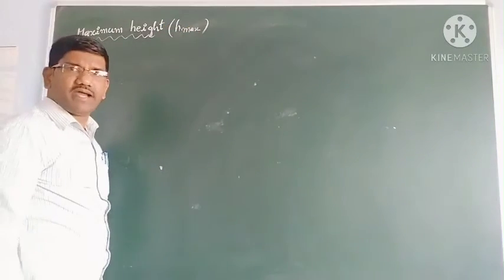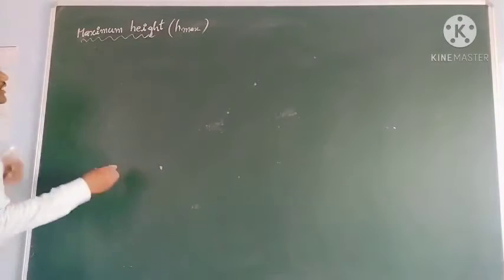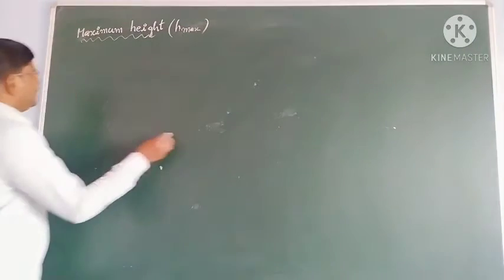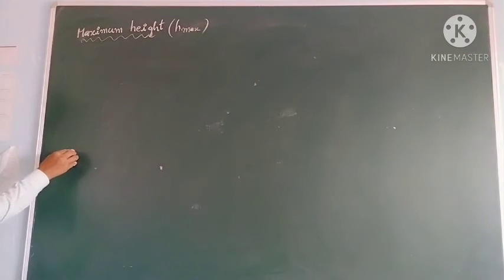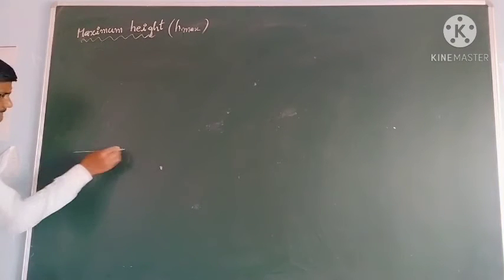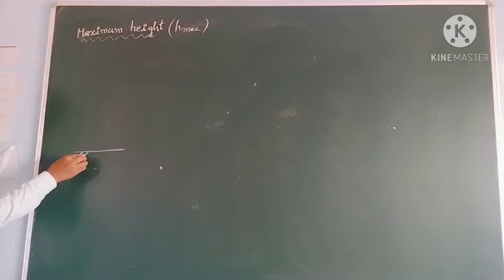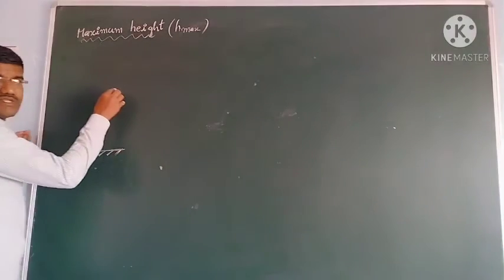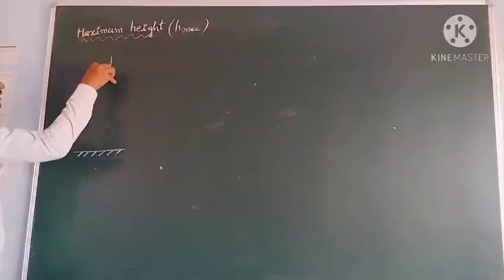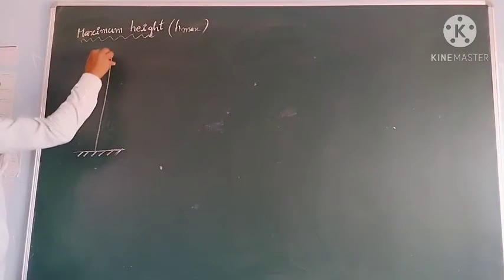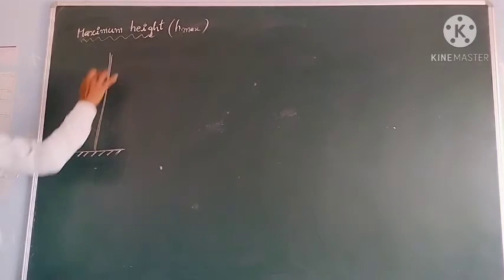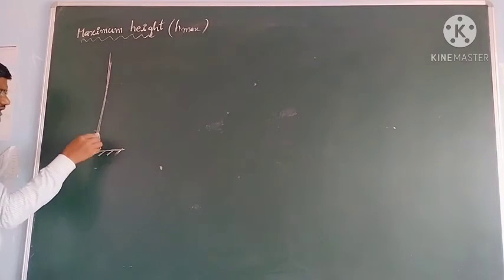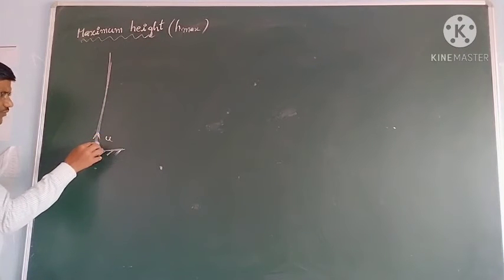See students, this is the ground level or the point of projection. From this point of projection, we have thrown the object vertically upward with an initial velocity u.